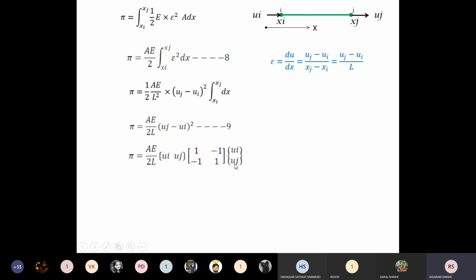Next I will multiply this AE by L into that square matrix. It becomes half, ui uj into AE by L, minus AE by L, minus AE by L, AE by L, ui uj. That equation I will write in short: half of u transpose, that is ui uj, k is AE by L, minus AE by L, minus AE by L, AE by L, or AE by L into 1 minus 1 minus 1 1, and this is the u matrix.